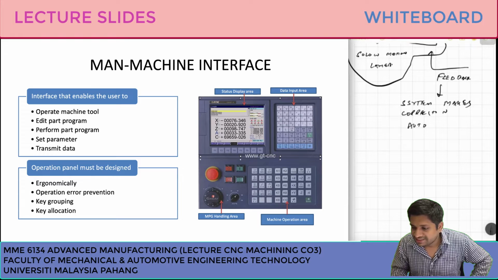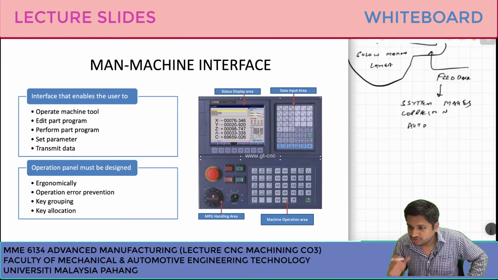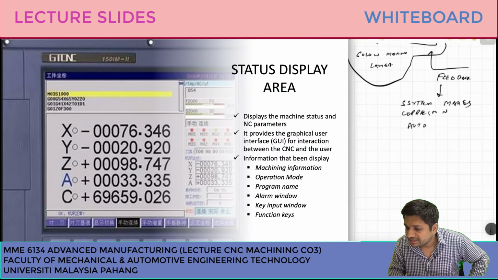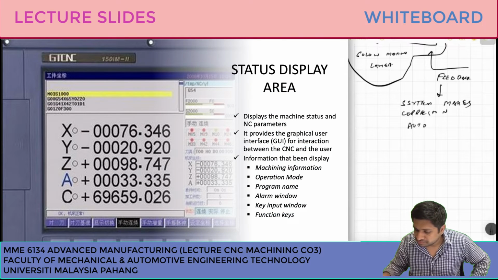You've got a status display area, you've got data input area, you've got MPG handling area, and you've got machine operations area. Usually nowadays you feed the NC or CNC with the help of USB or with the help of old disk drive. You put the program inside and then you run automatically. However, if you talk about small workshops where they have to create custom parts, then only they use this area for doing the coding directly on the machine.